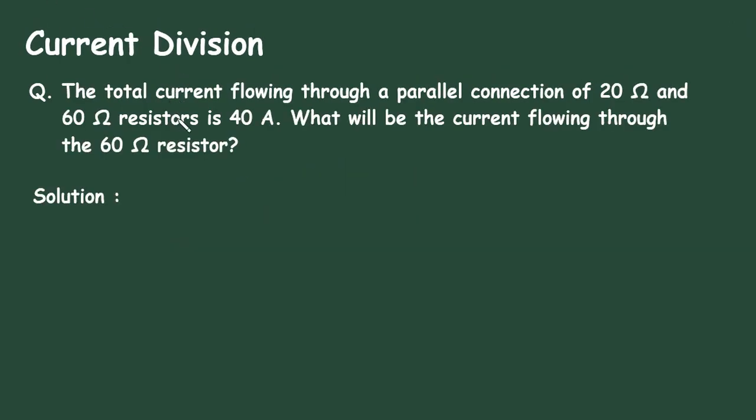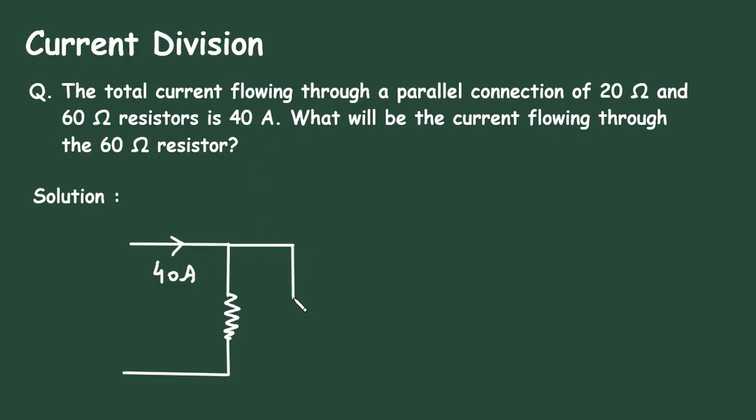Now IT is 10 ampere. Now we will verify. So I1 is 4.615 plus I2, I2 is 3.076 plus I3, I3 is 2.307.